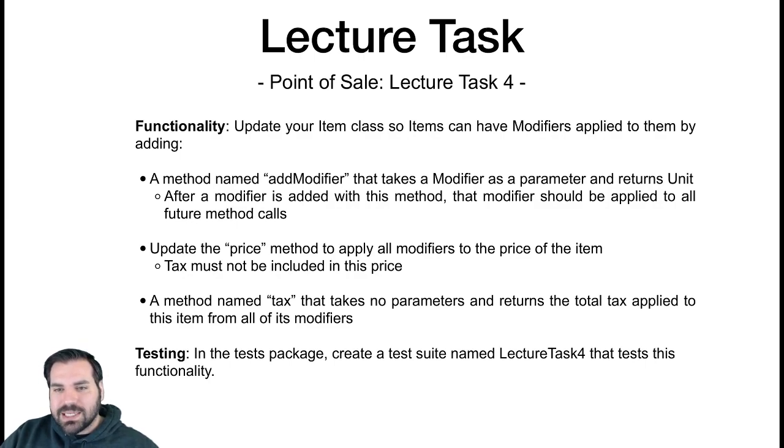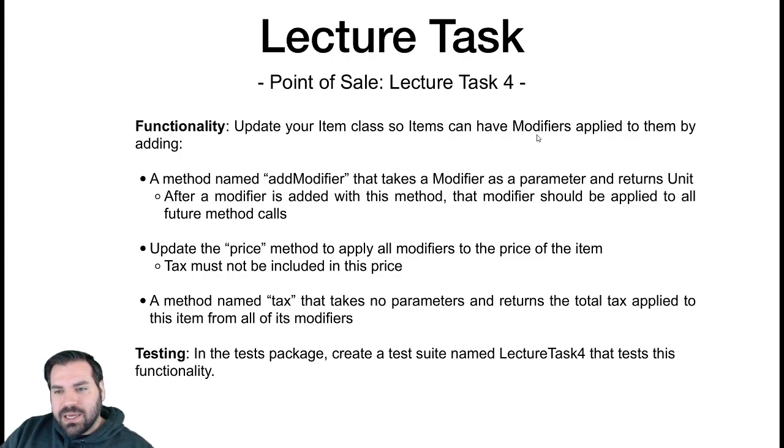The modifier has the price and tax methods that everything that inherits it has to implement. And we can add functionality. We don't for the project, but we could add functionality to the modifier class and have that functionality shared between all 3 of its subclasses, all 3 of the classes that extend or inherit from modifier.